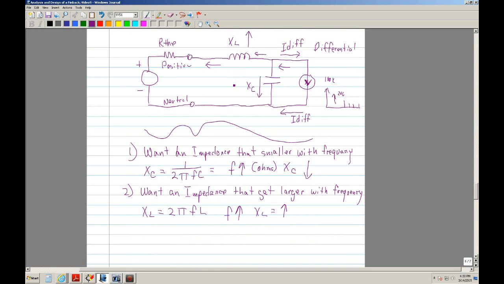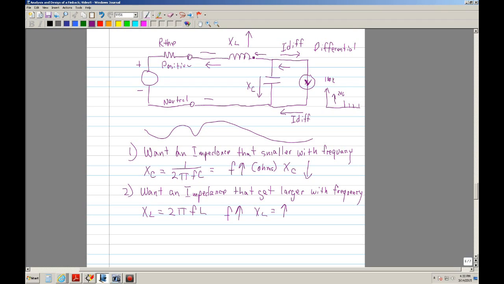Generally this is good enough. However, there's a slight problem: when you're designing a power supply or an input filter, you typically want both the positive side and the neutral side to have balanced impedance. What do I mean by that? You want the same impedance on the neutral side as on the positive.